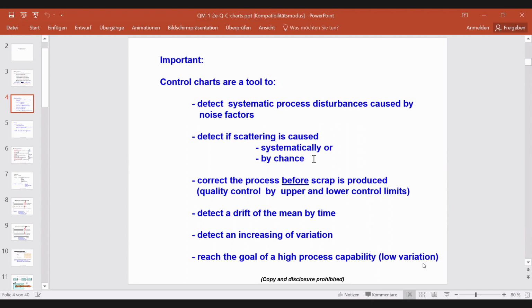It's only a random variation. The goal is to correct the process before scrap is produced.